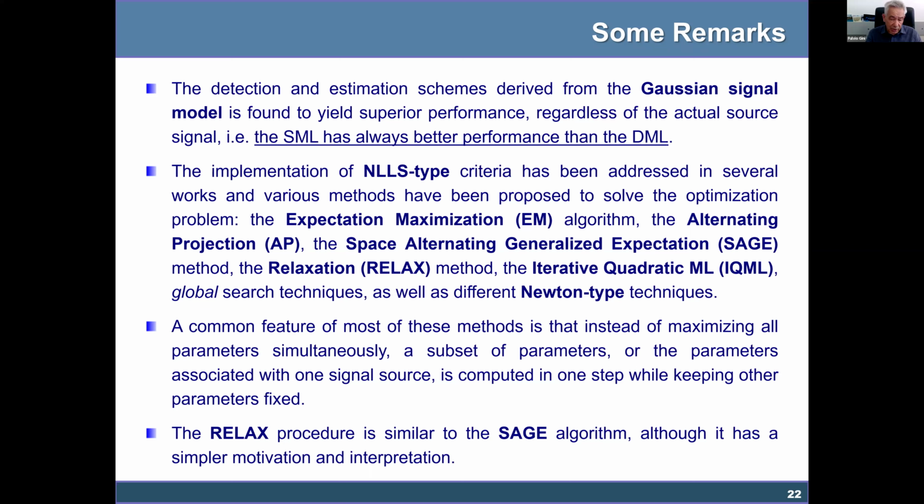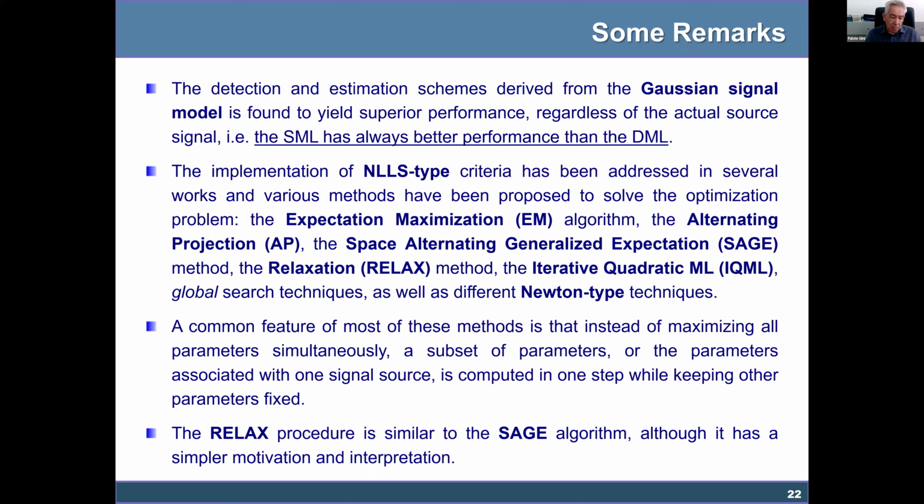I just want to mention the names of the most widely adopted methods: expectation maximization, alternating projection, the space alternating generalized expectation, SAGE, relax, and also the iterative quadratic maximum likelihood, IQML. These are all iterative methods of the kind of the Newton method, so they use the gradient and something like this. And I repeat, they are iterative.